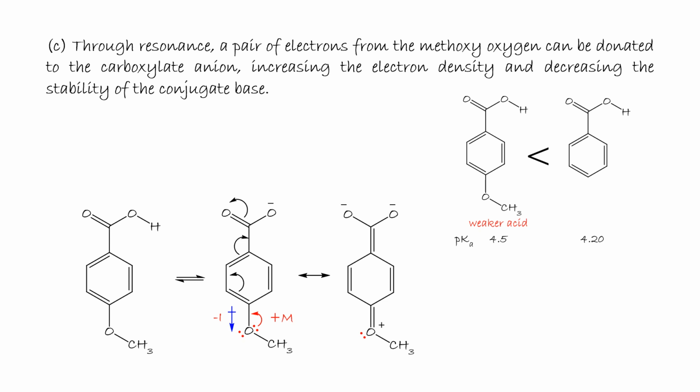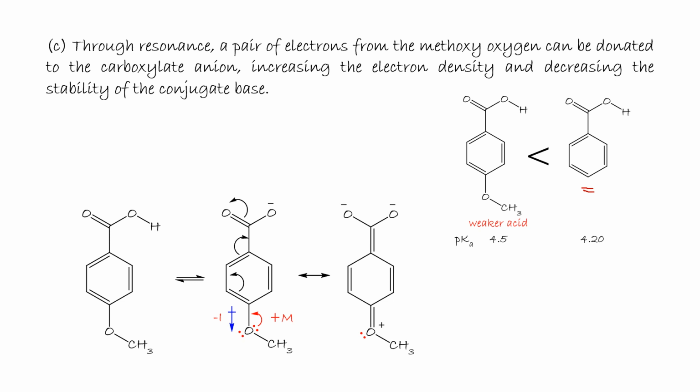Let's try to find an interpretation for why para or 4-methoxybenzoic acid is a weaker acid than benzoic acid, while methoxyacetic acid is a stronger acid than acetic acid.